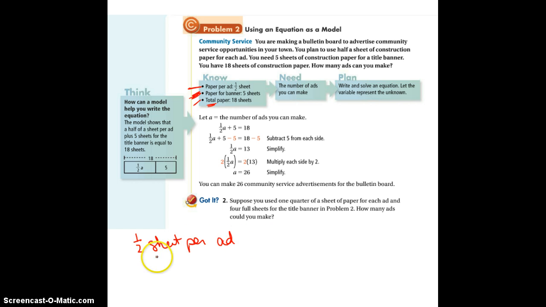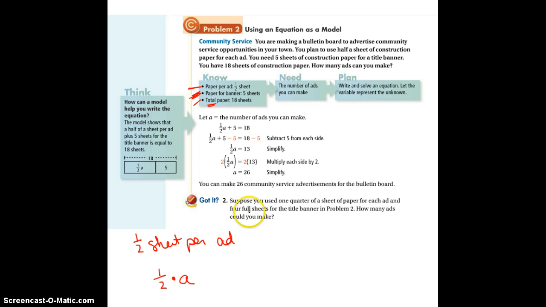So this directly translates into a half times ad. So for the ad, we can just put a variable in there. Let's just put in an A. 1/2 times A.